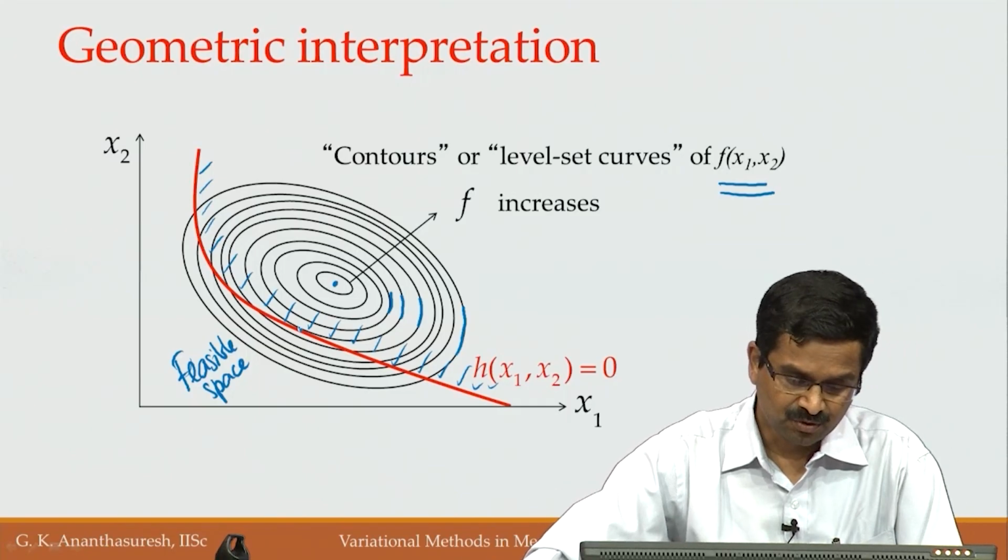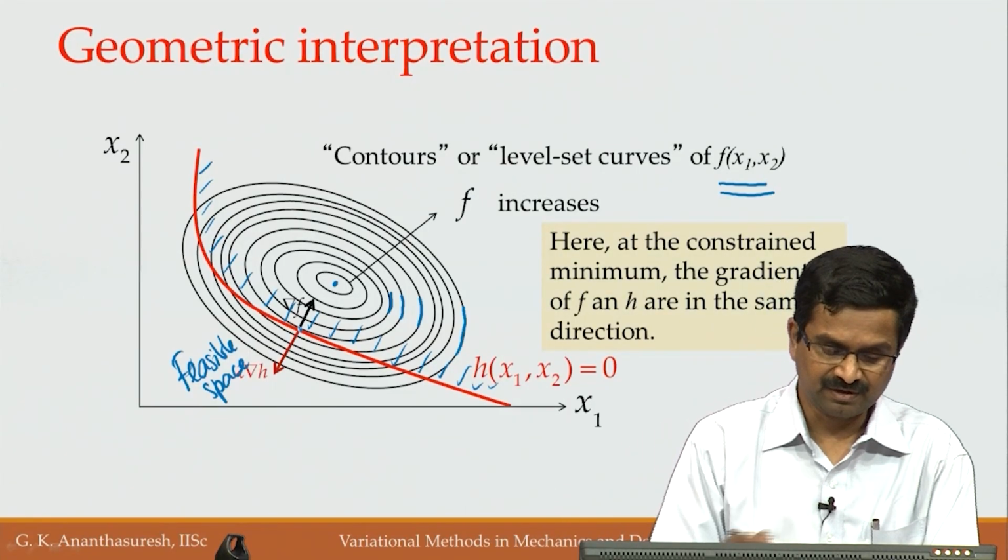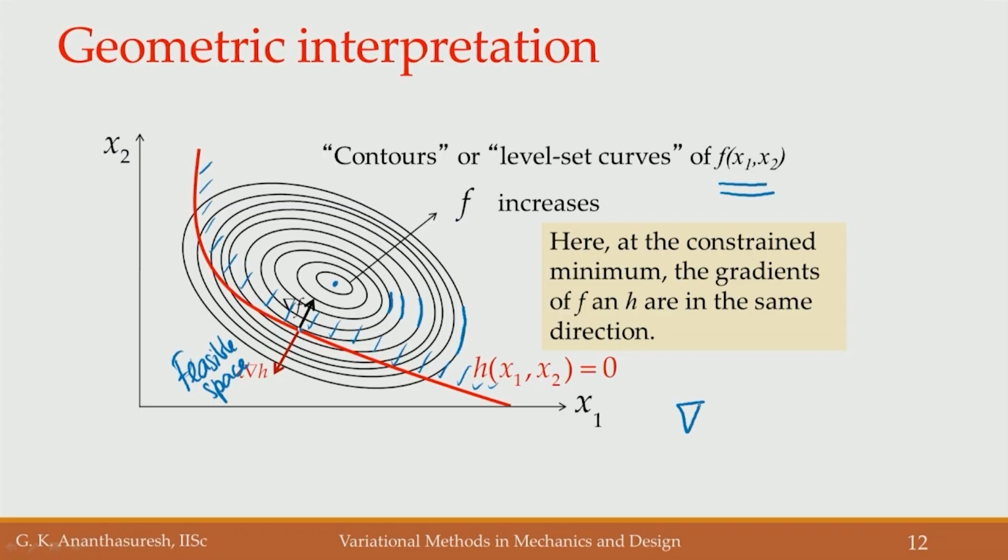Okay. So, geometric interpretation here, when we wrote that gradient of f plus lambda times gradient of h equal to 0, what we mean to say is that the gradient of f is compensated by this, it is on the negative side, right, lambda times gradient of h.